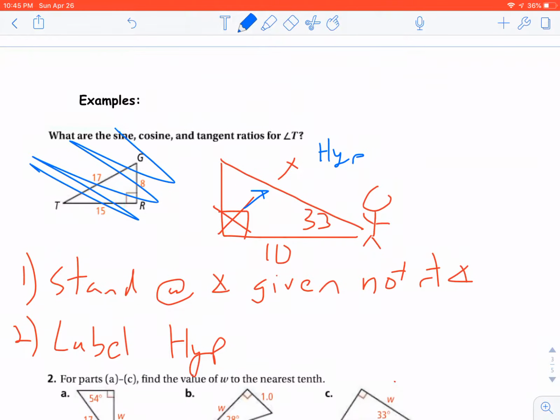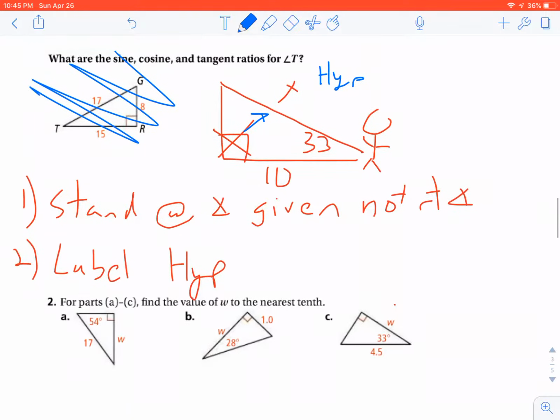You had the hypotenuse, you had the opposite side, and the adjacent. I'm going to label all of them. Well, I already labeled the hypotenuse. So if I'm standing here, this side would be opposite. It wasn't labeled at all. There's no value there. I don't care about it, so I cross it out. 10 is adjacent, which if you recall is that fancy word for next to.